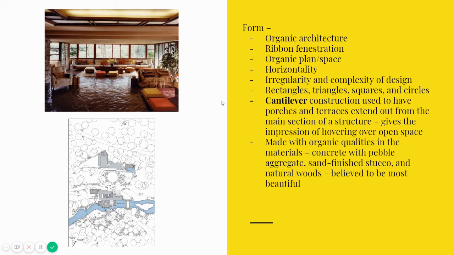This house and most of Frank Lloyd Wright's homes are made with organic qualities in the materials. So, you have concrete, but with pebbles that are kind of sunken into it. You'll have stucco, you'll have natural woods, and then you'll have tons of just kind of earth tones.